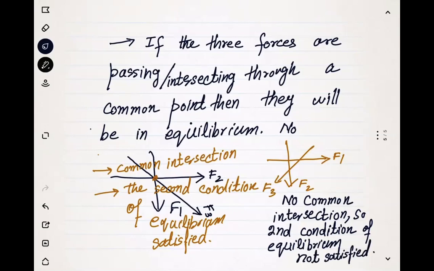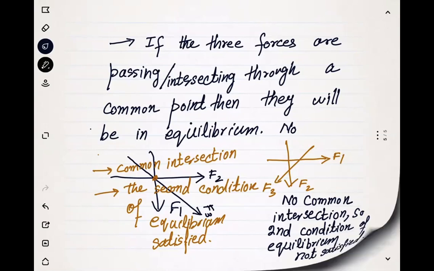So to satisfy the first condition of equilibrium, there should be a possibility of a closed triangle, and the second condition will be satisfied if the three forces have a common intersection. Let's observe some examples for that, and from examples we can make our conclusions and better understanding.